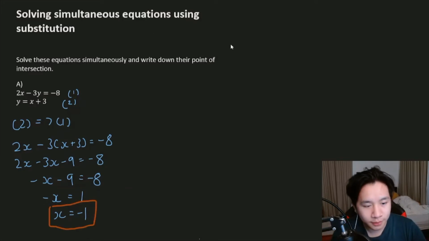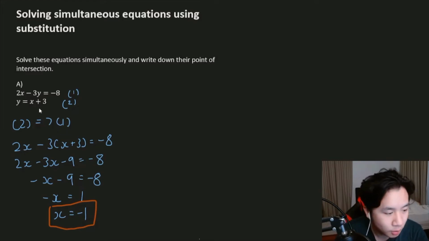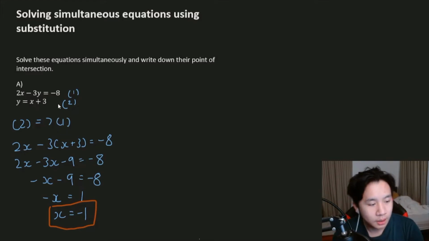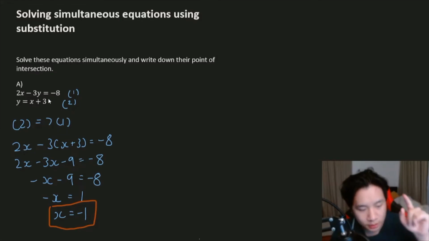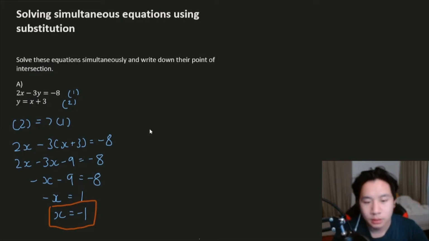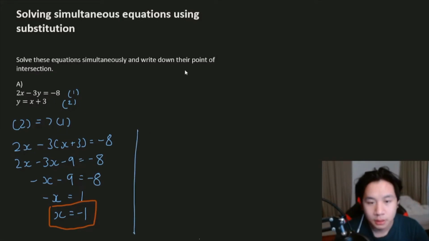And the very cool thing you can do is sub in x into any one of these equations to get y. But you'll see that it's easier to sub it into the second one. So I'm going to label this as 3 and say I want to sub 3 into the second one.